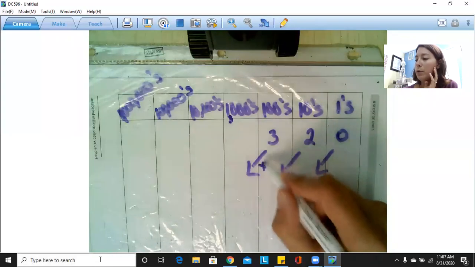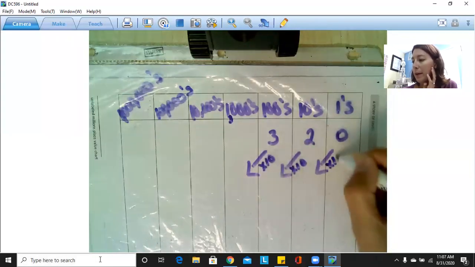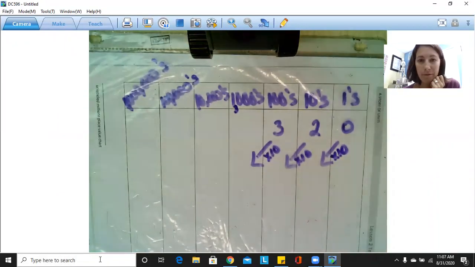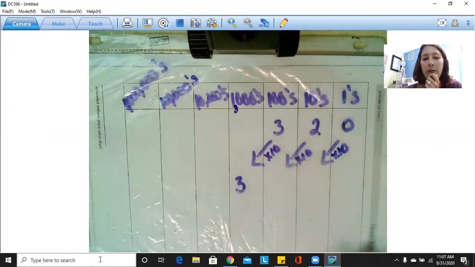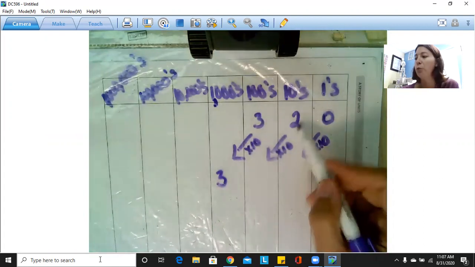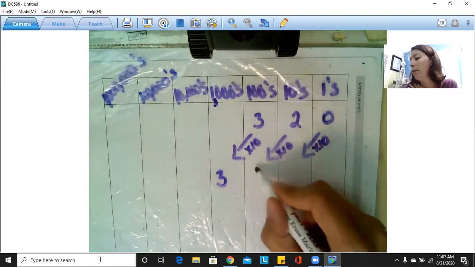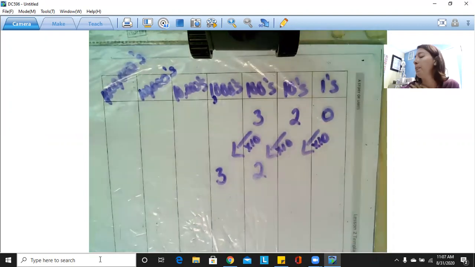We know that when we multiply a number by 10, we're increasing its value by 10 and we're sliding it across on the place value chart to the left. So if we take our 300s and we multiply that by 10, we'll get 3,000s. If I take my 2 tens, my 20, and I multiply that by 10, my 2 moves to the hundreds place.